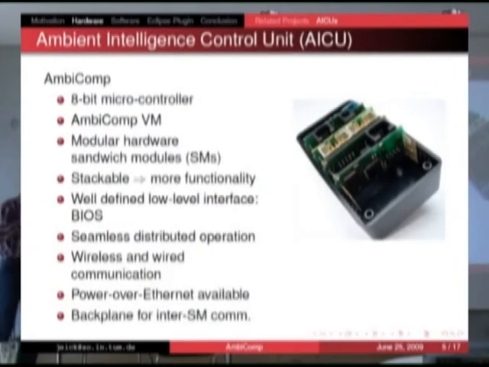Okay, Ambicomp has a little bit different approach to the hardware. We are smaller. We only use 8-bit microcontrollers, so that's very, very little. But we don't only use one microcontroller, but instead we built a modular hardware platform, so-called sandwich modules.